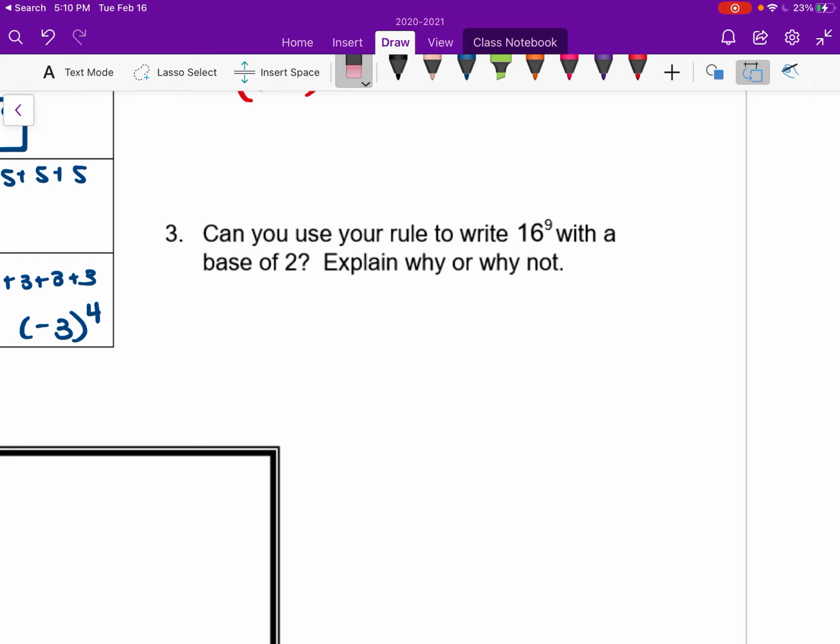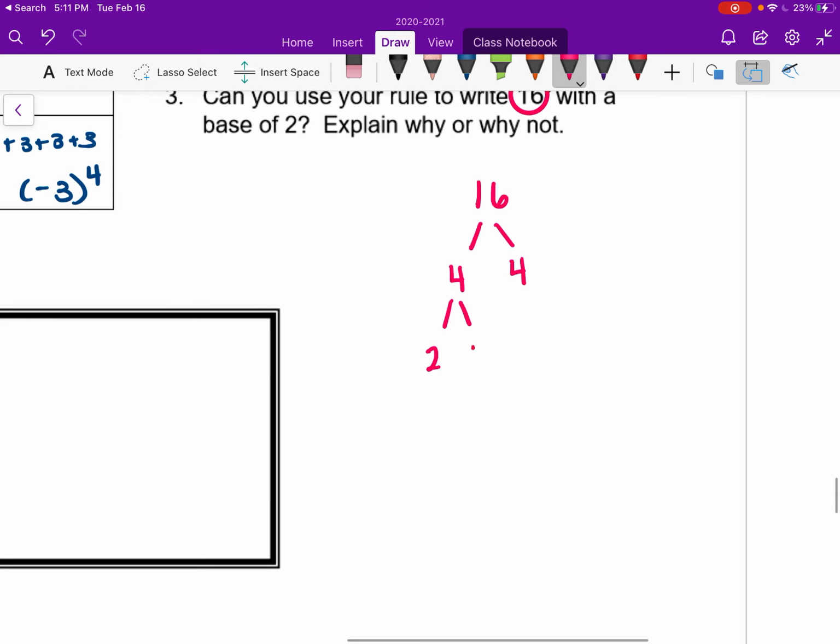So we can use that same rule to write 16 to the power of 9 with a base of 2, right? So let's break up 16 so that it has a base of 2. If I multiply 4 by 4, I will get 16. If I multiply 2 by 2, I'll get 4, right?